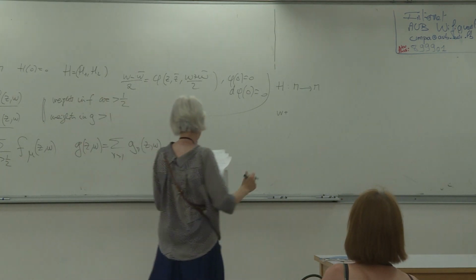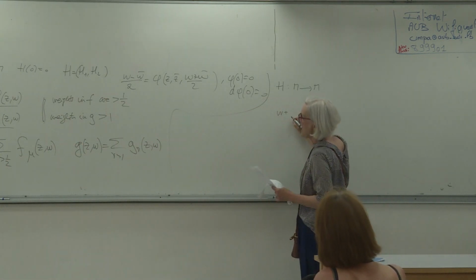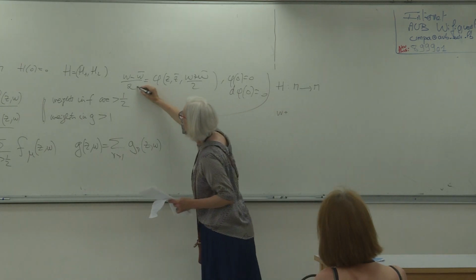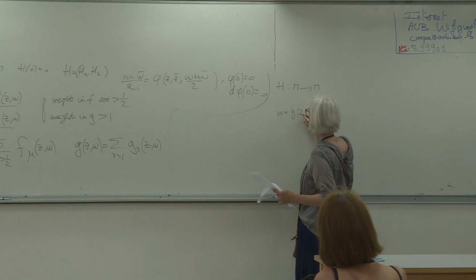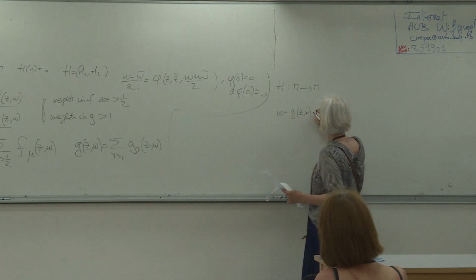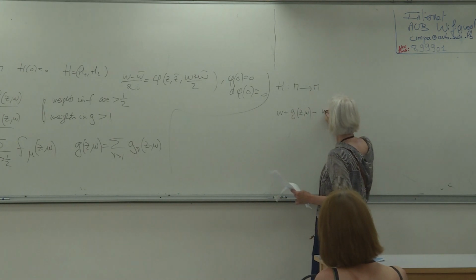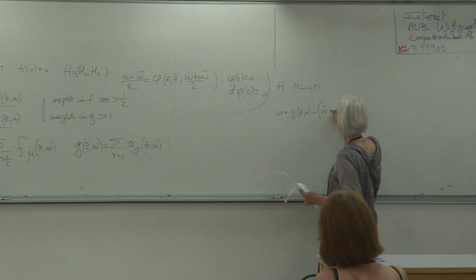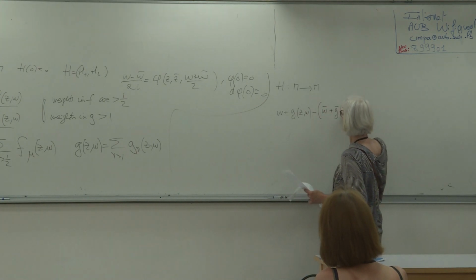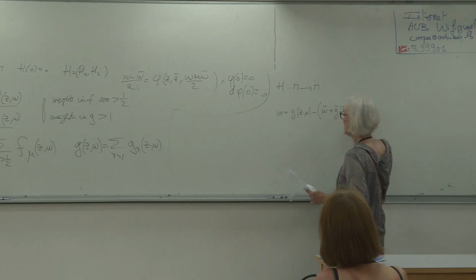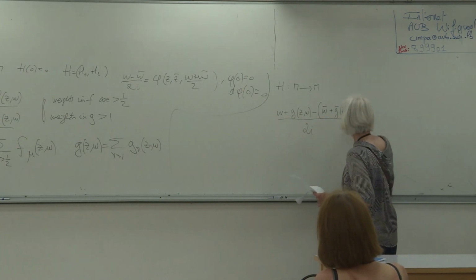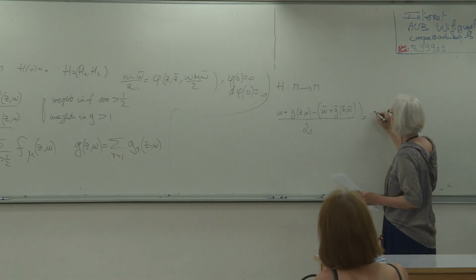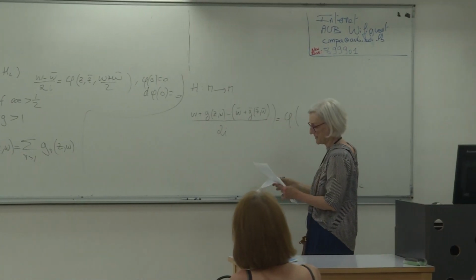So what do I have? I get W plus G ZW minus W bar plus G bar Z bar W bar over 2I equal phi of what?